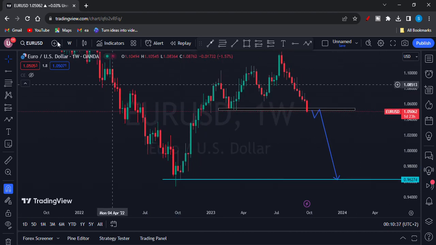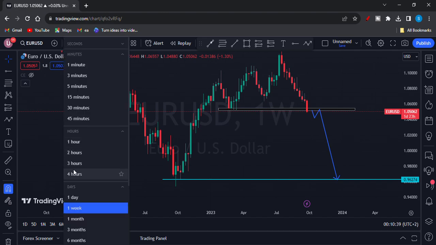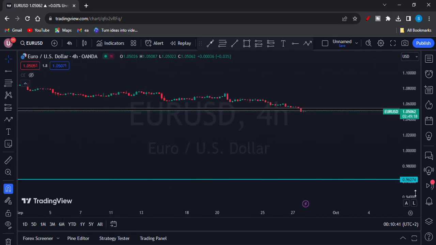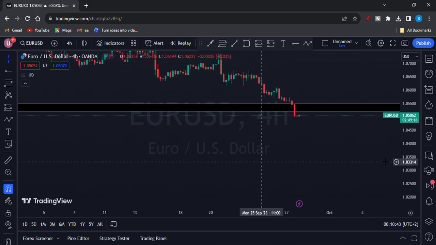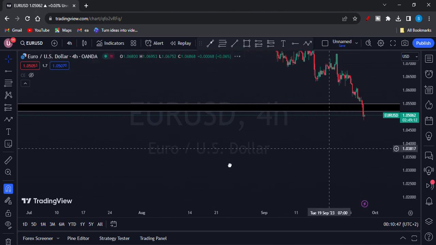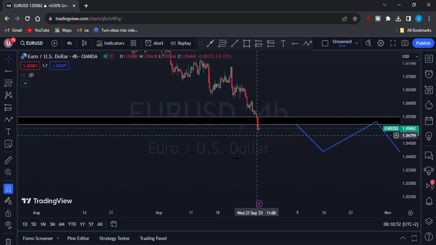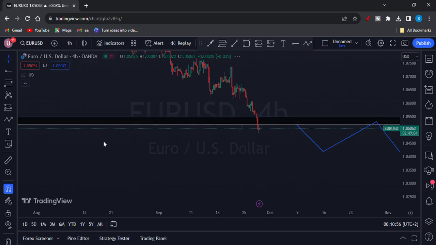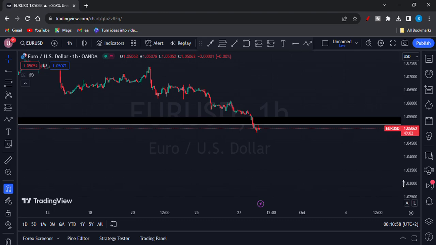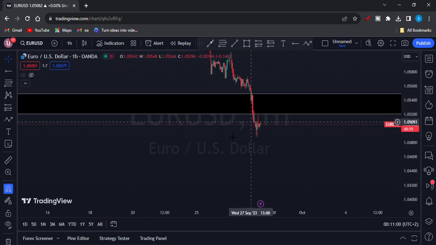And then let's go to our 4-hour and actually see what's happening. So on the 4-hour, currently I don't see anything. So let's go to the hourly. The same applies.